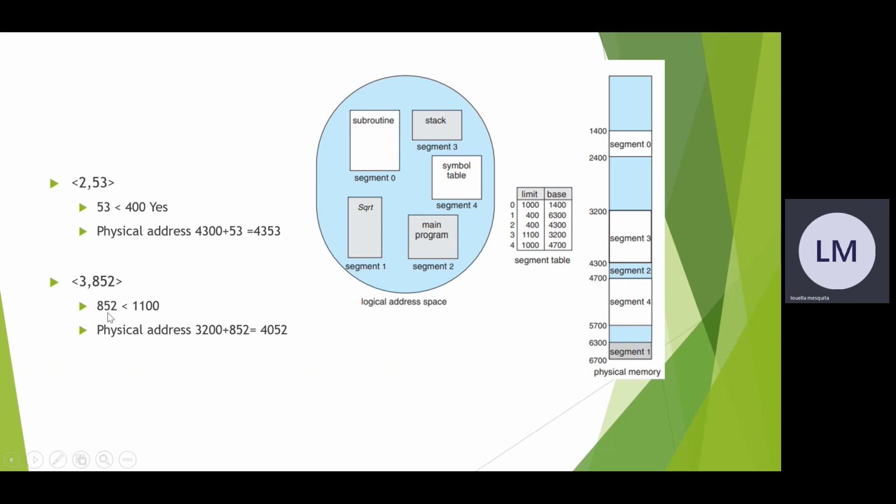As 852 is less than 1100, to find the physical address, we add the base to the offset. That is, in this case, 3200 plus offset 852 to get physical address 4052.